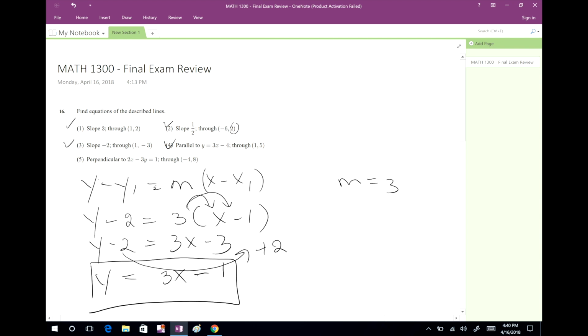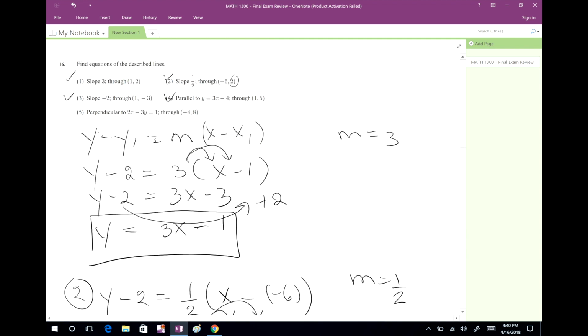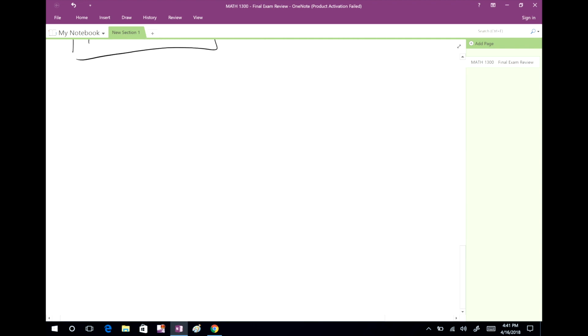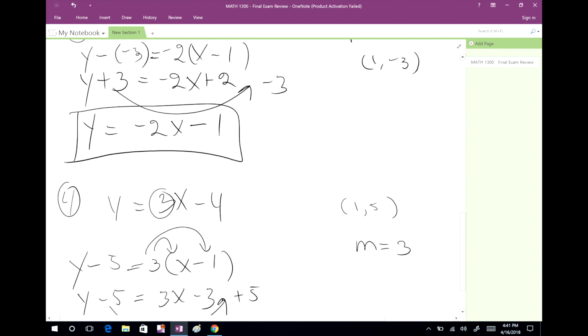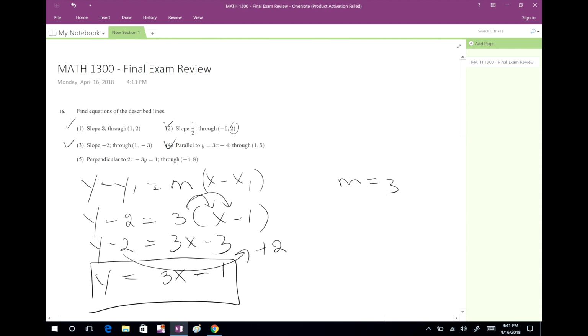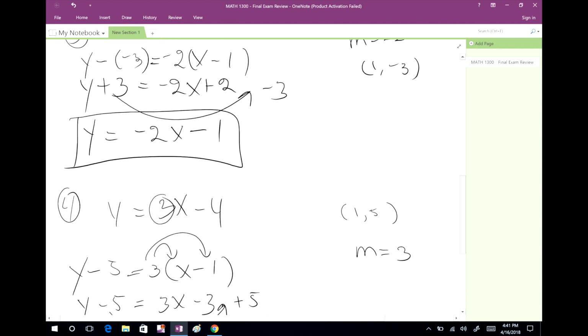So let's see, number 5 says, find the equation of a line that is perpendicular to 2x minus 3y equals 1 at the point negative 4, 8.